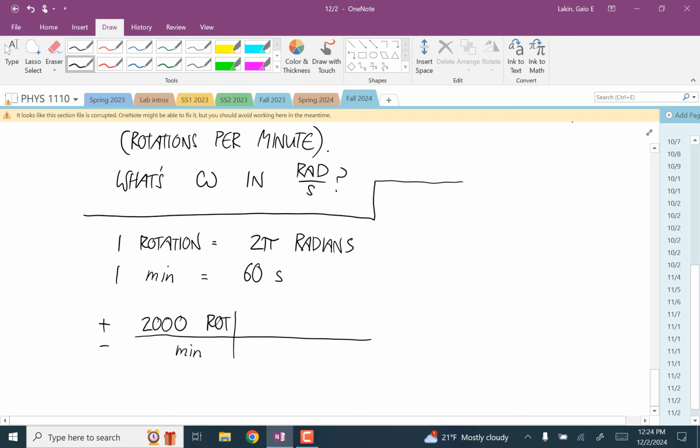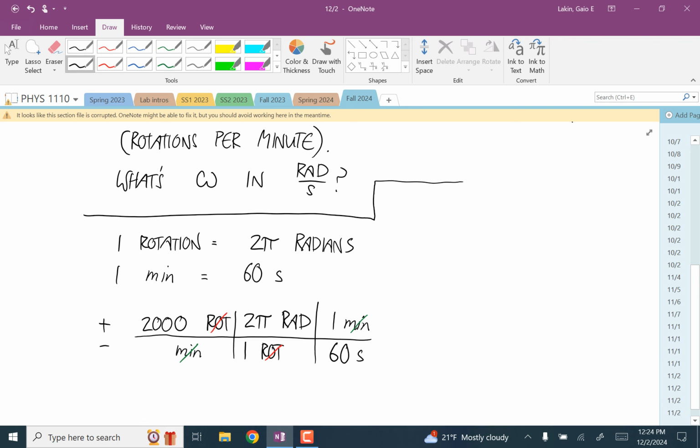If I want to go from rotations to radians, we know that one rotation is equal to 2 pi radians. And so that'll cancel those. And now we want to go from minutes to seconds. 1 minute is equal to 60 seconds. So that cancels the minutes.